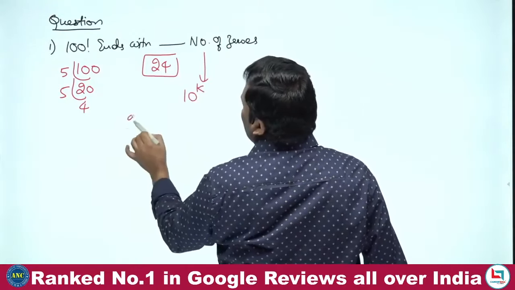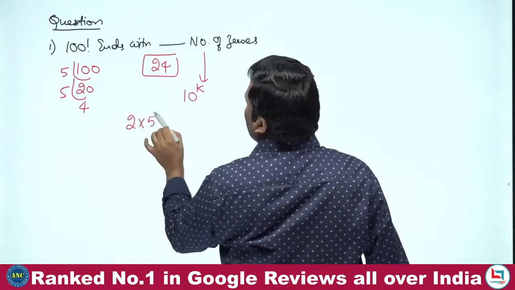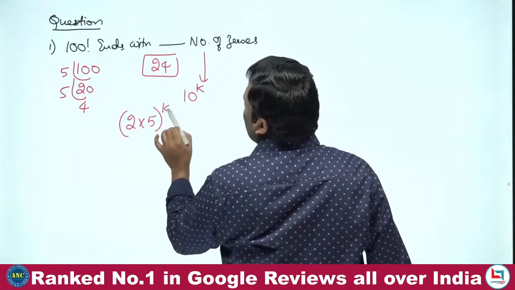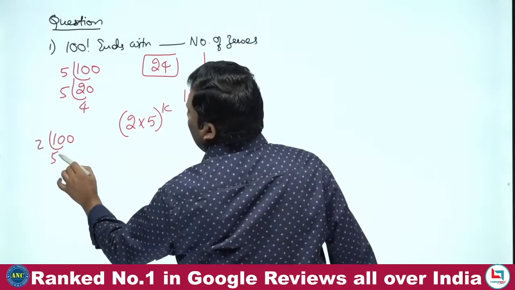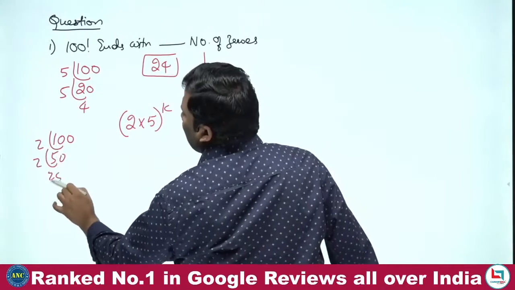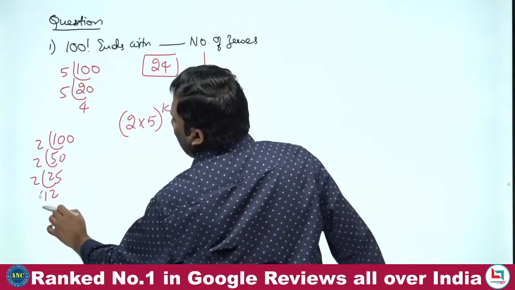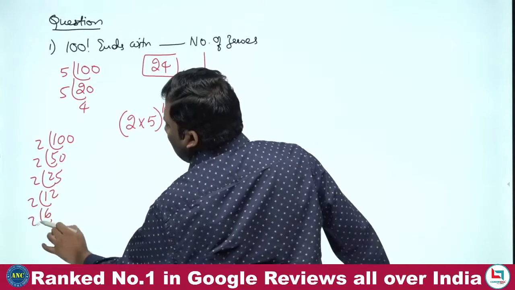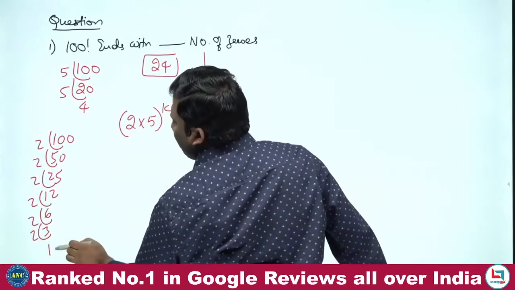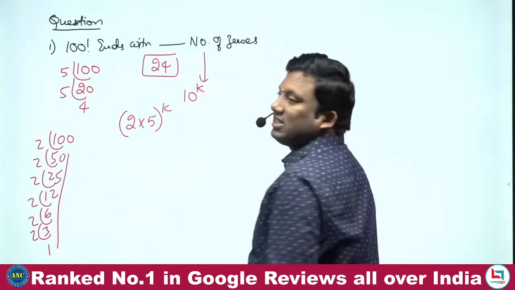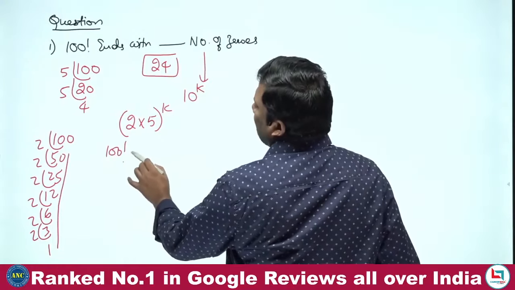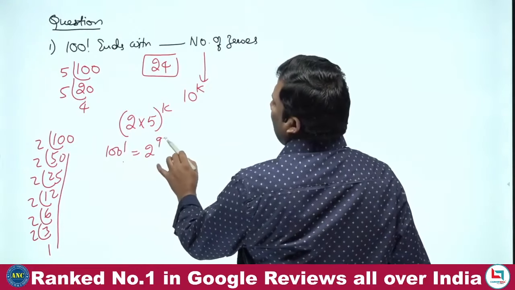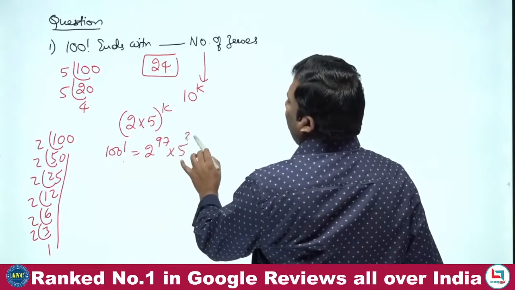10 can be written as 2 into 5 power k. So in 100 factorial, how many 2s will I get? 50, 25, 12, 6, 3, 1. That is 50 plus 25 plus 12 plus 6 plus 3 plus 1, which is 97. So 100 factorial has 2 power 97. 5 power I got is 24.